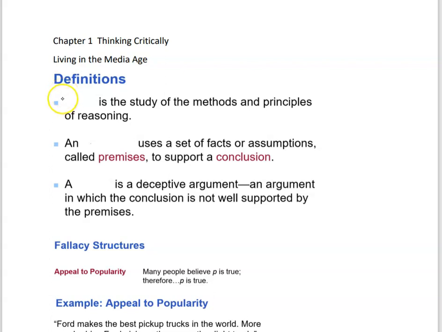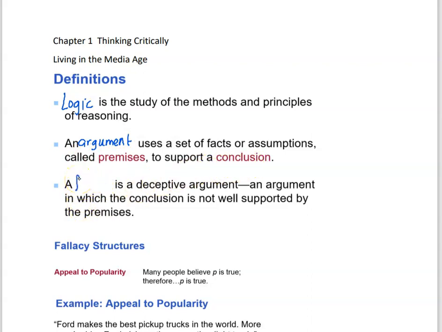And so logic is a study of the methods and principles of reasoning. An argument, and if you're on social media much lately, there's lots of arguing going on, but an argument uses a set of facts or assumptions called premises to support a conclusion.